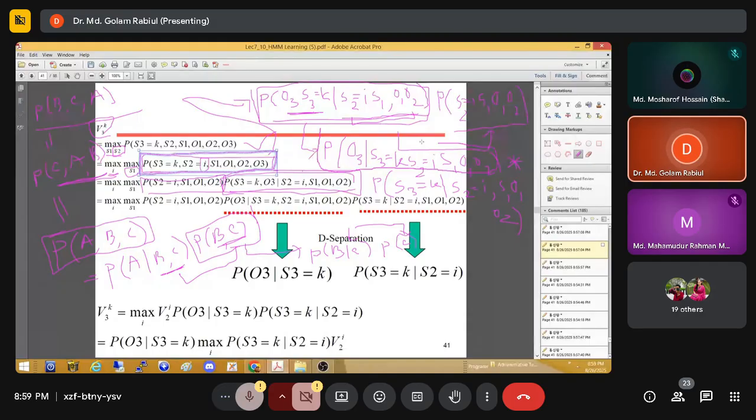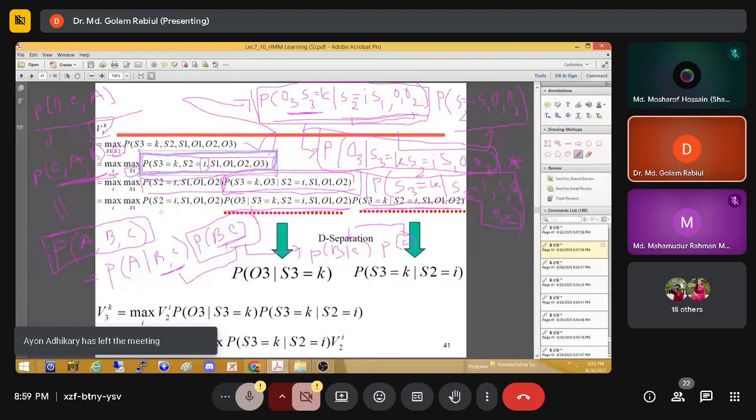But now we want to simplify it. So from this part, we can see observation 3 given state 3, state 2, state 1, observation 1 and observation 2.